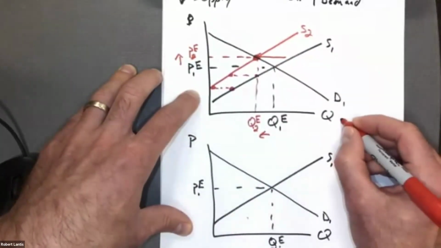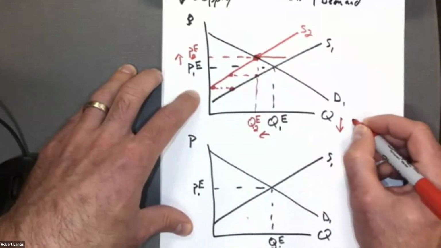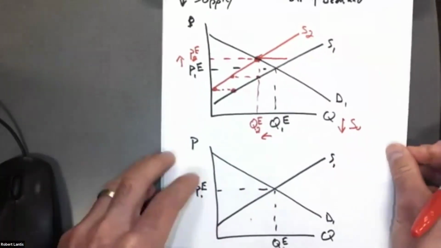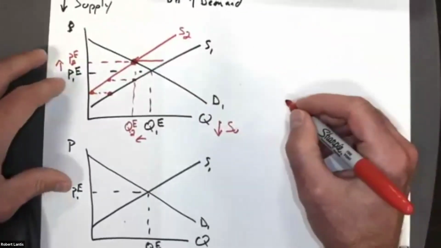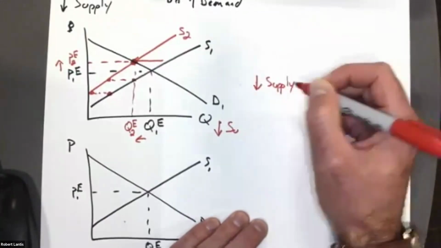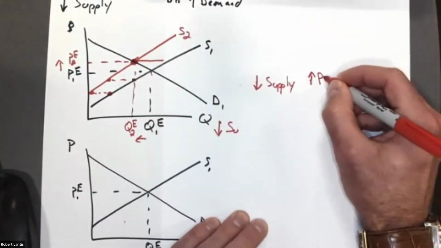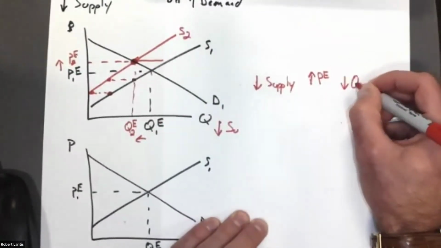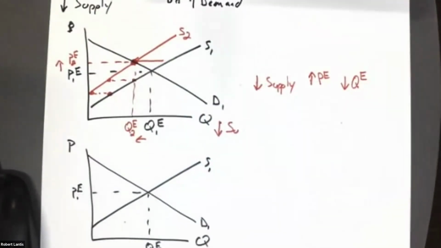So this decrease in supply pushed my equilibrium price up, but it pushed my equilibrium quantity down.